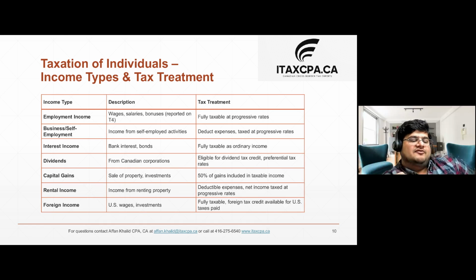Say I am a Canadian resident person, and I have invested in the US stock market, and I'm earning some dividends on US stocks, and of course there will be some withholdings on the US side. On the Canadian side, on my tax return, I will report the US dividends as foreign income. There again, it is considered ordinary income, but I will be allowed to claim a foreign tax credit for any withholding taxes that I've paid on the foreign dividends.